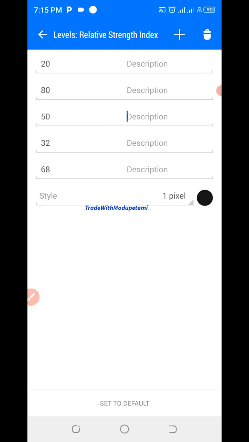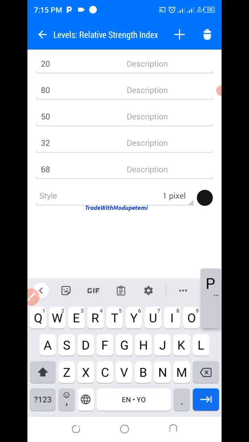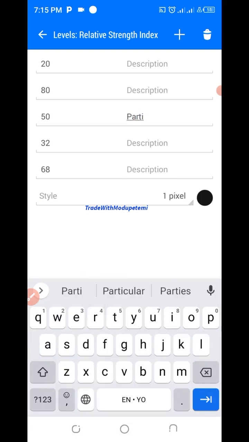The 50 level can be our partial entry or take profit or exit.